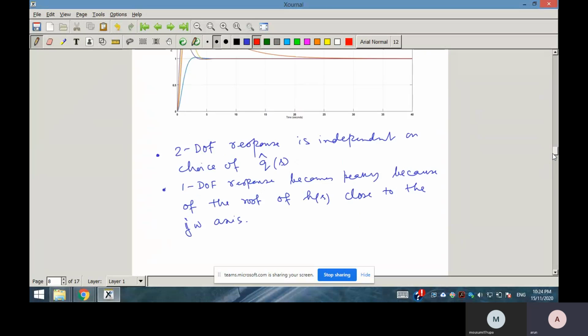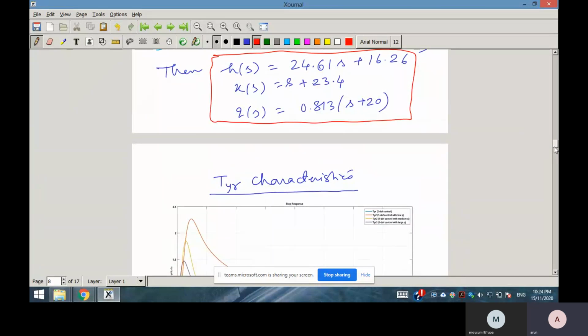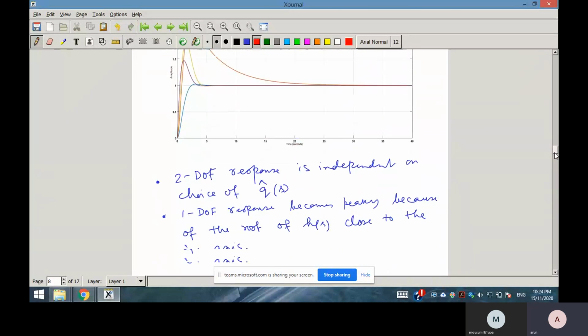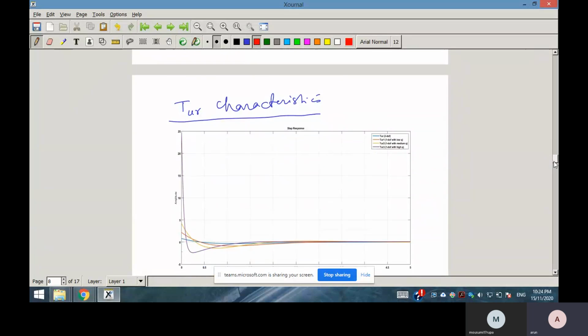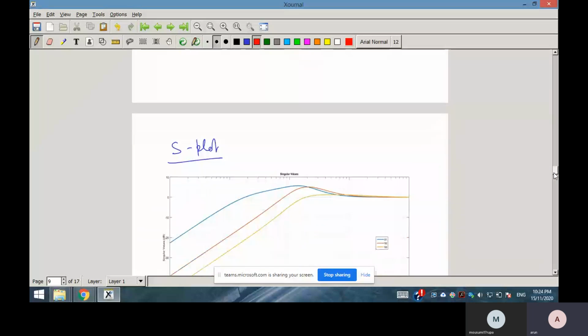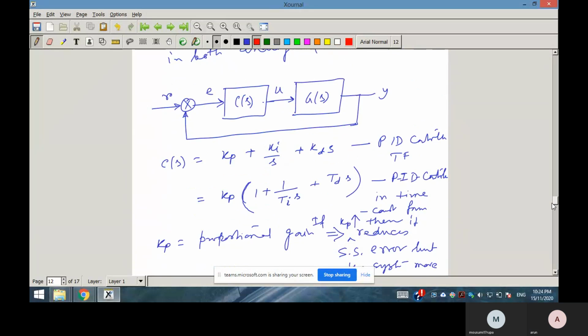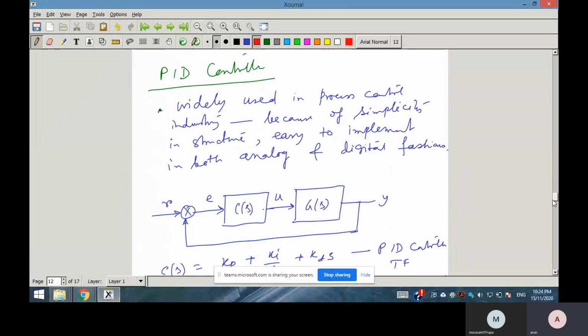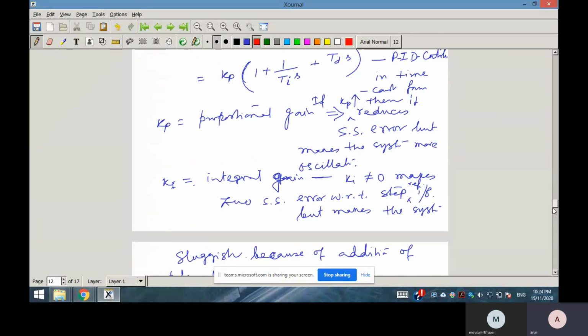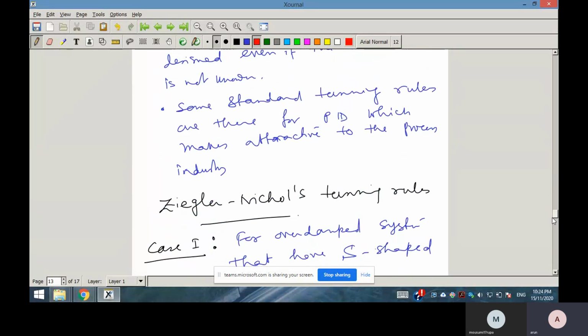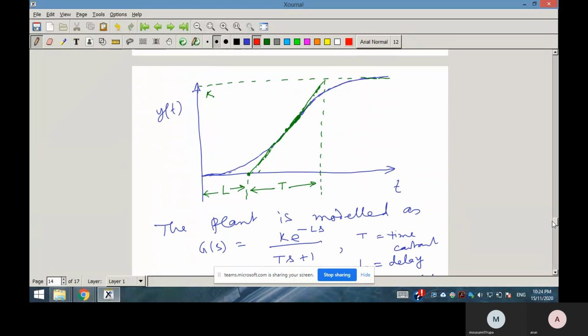The choice of Q hat will play an important role in the design of the two degree of freedom controller that I have explained using these figures. So the PID controller, after all, is a very simple controller, but for the design, although I have shown the Ziegler-Nichols tuning rules and all these things, it is just an initial guess for designing a PID controller if it is a stable system.